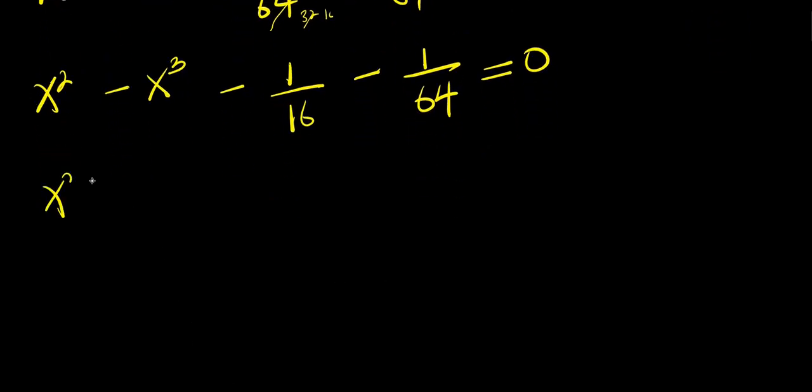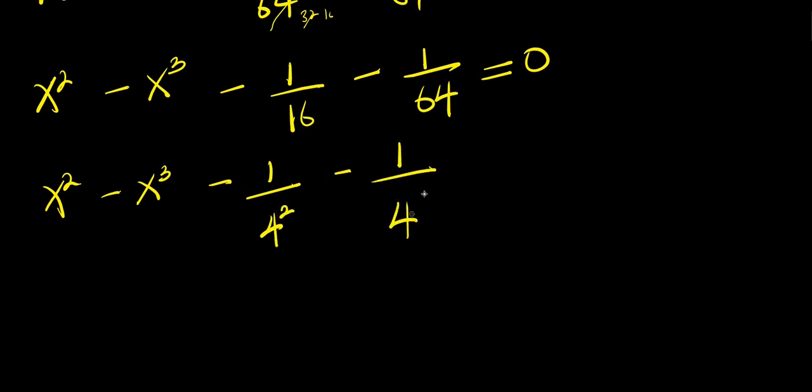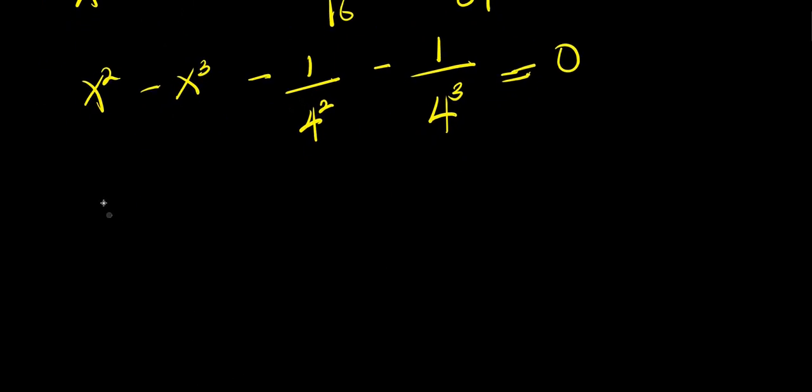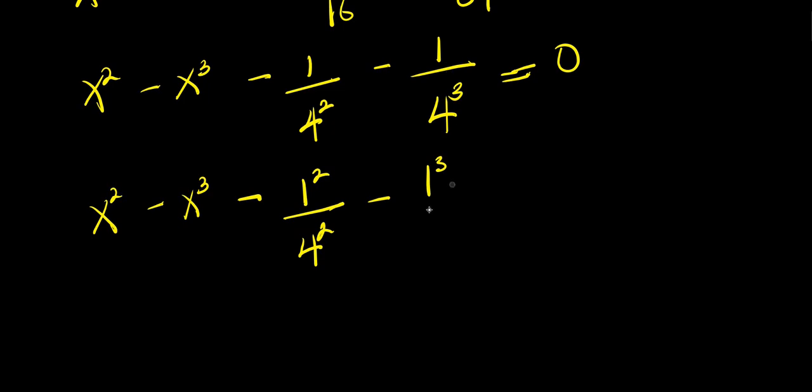So from here, this is just like having x power 2 minus x power 3 minus this is 1 over 16, which is 4 power 2, minus 1 over this is 4 power 3. This equals 0. And this is just like having x power 2 minus x power 3 minus, we can have 1 power 2, which is the same thing as 1 divided by 4 power 2, minus this, we can have 1 power 3, which is the same thing as 1 divided by 4 power 3, equals 0.